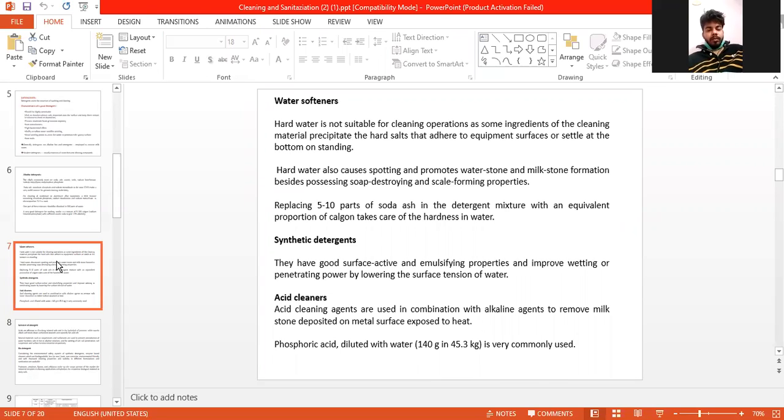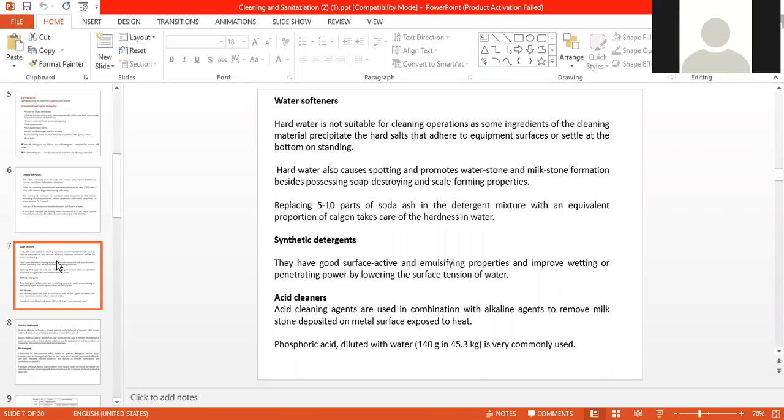Synthetic detergents are also used. They have good surface-active and emulsifying properties, which improve wetting and penetrating power by lowering the surface tension of water and improve the cleaning efficiency of the equipment. Acid cleaners, I already discussed, are used when we have to clean milk stone.